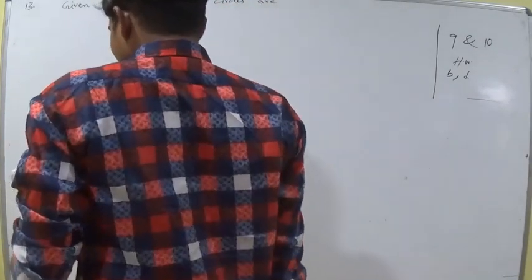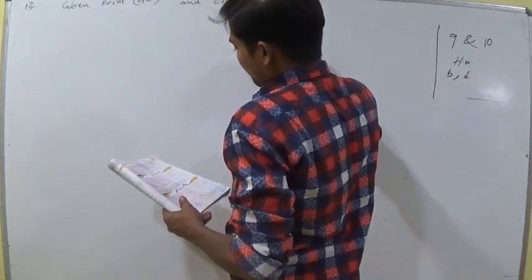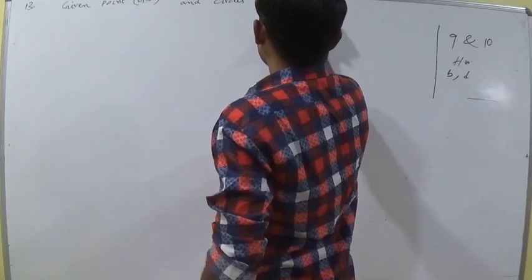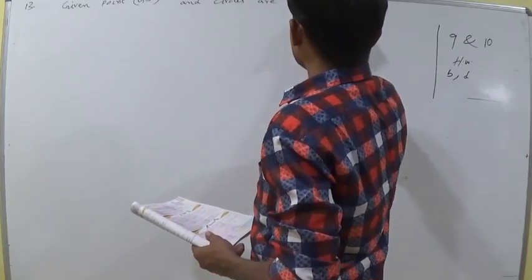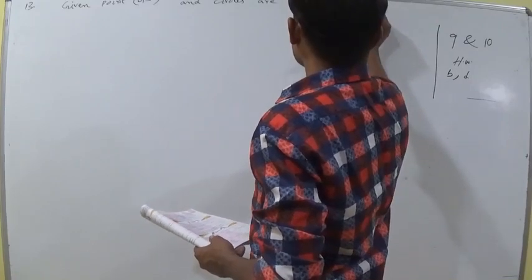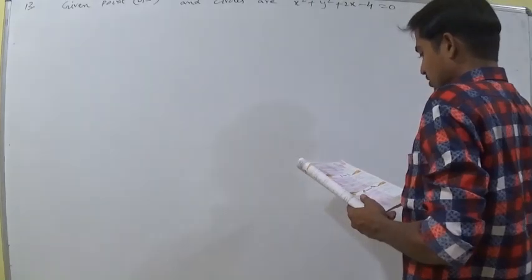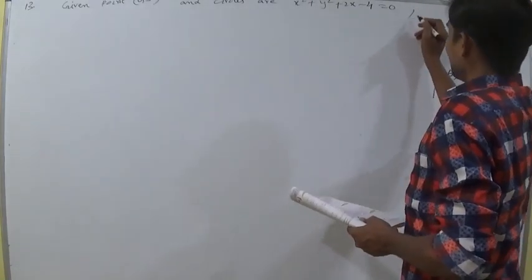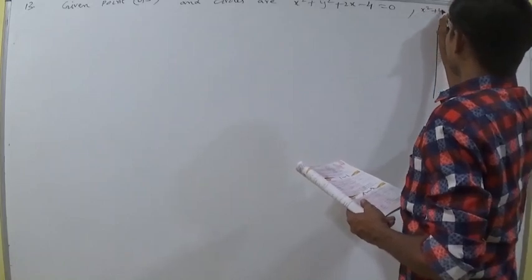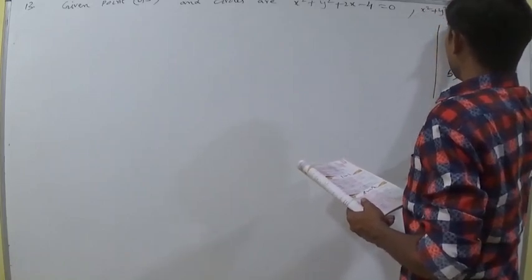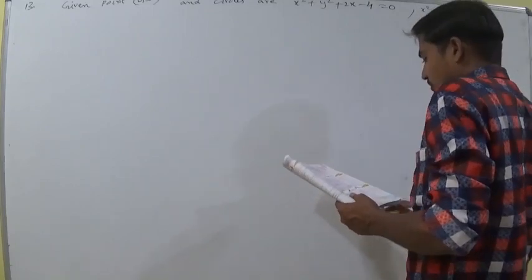What are the circles here? x square plus y square plus 2x minus 4 equal to 0, and then x square plus y square minus y plus 1 equal to 0.